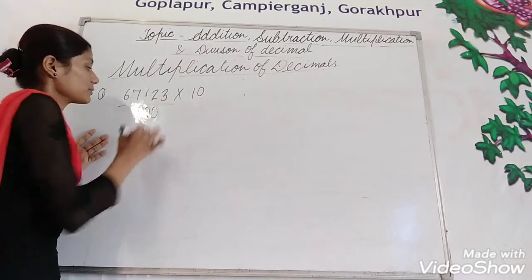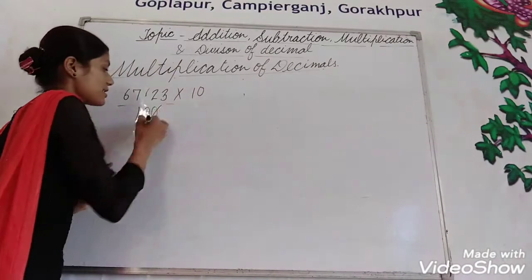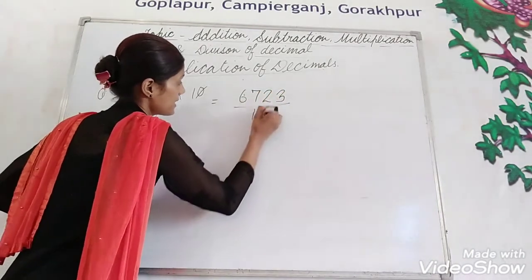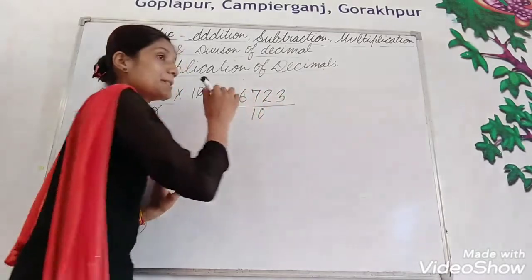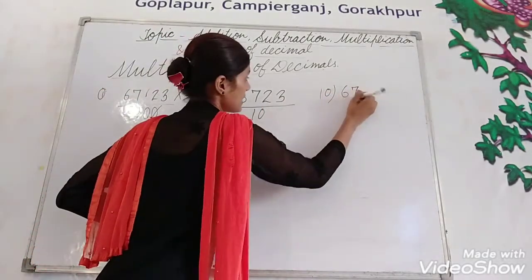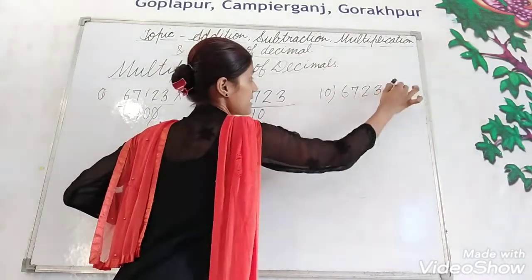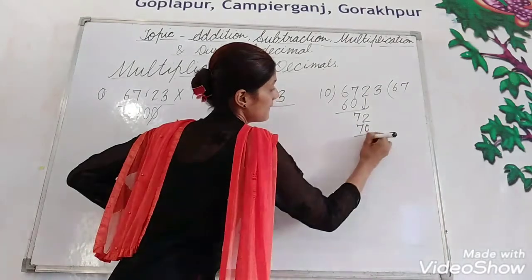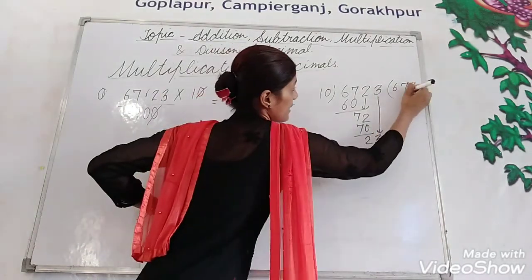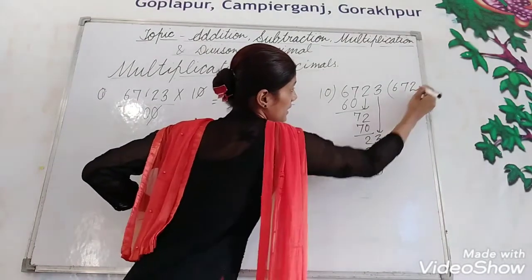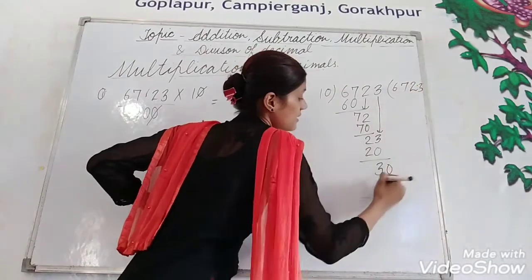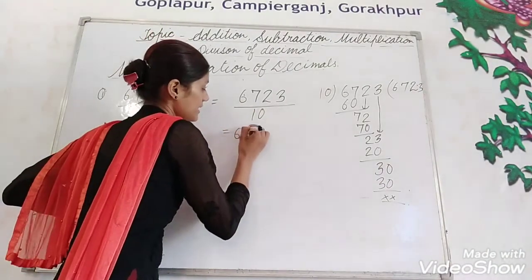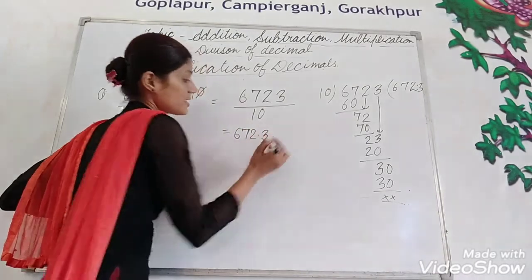So write 10 as 100 with 2 zeros, and then cancel the zeros. Then 6723 divided by 10. 10 into 67 is 6 with remainder 7, 10 into 72 is 7 with remainder 2, and we write 3, then take the point and 0. 10 into 30 is 3. So your answer is 672.3.